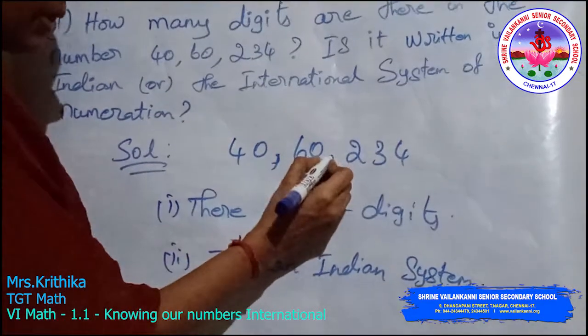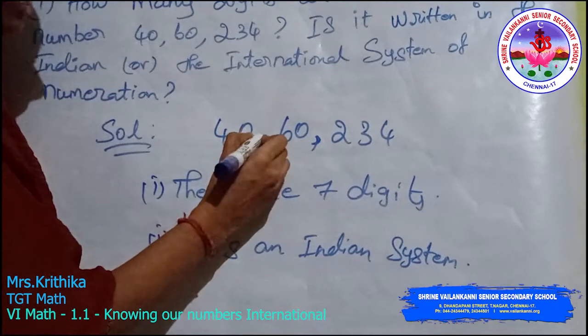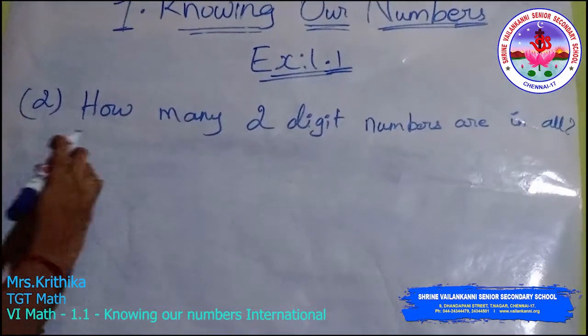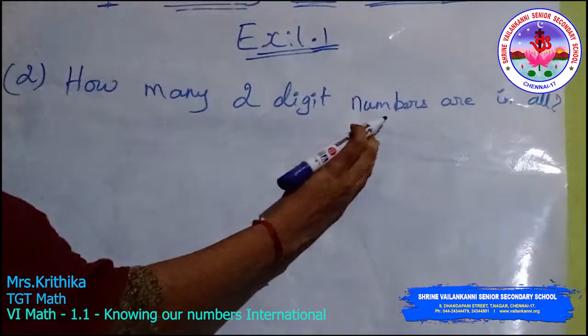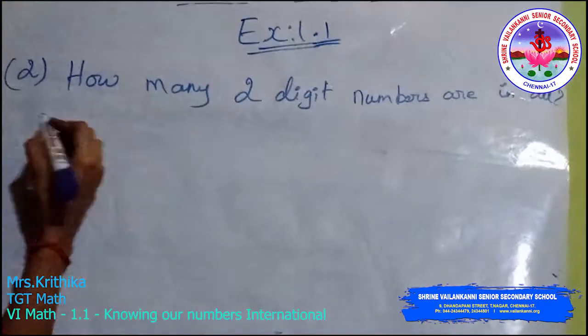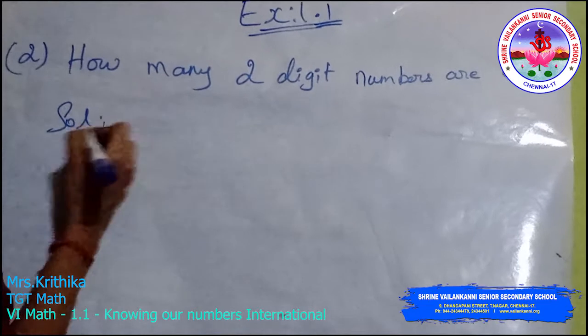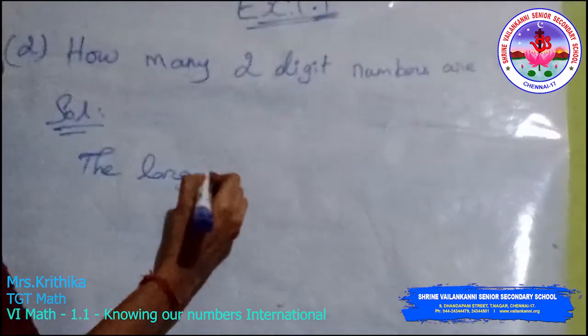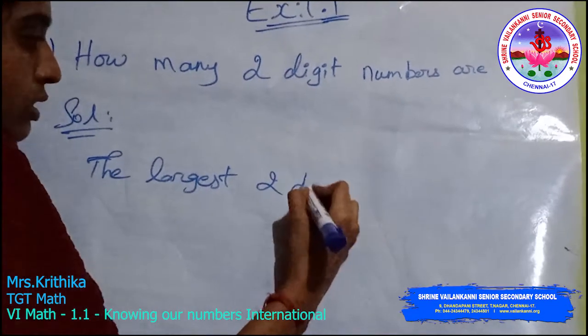Second question. How many 2-digit numbers are there in all? Solution. The largest 2-digit number is 99.